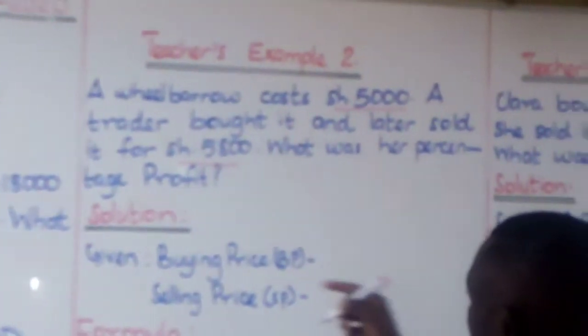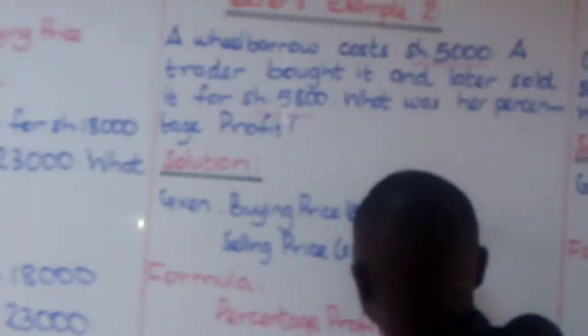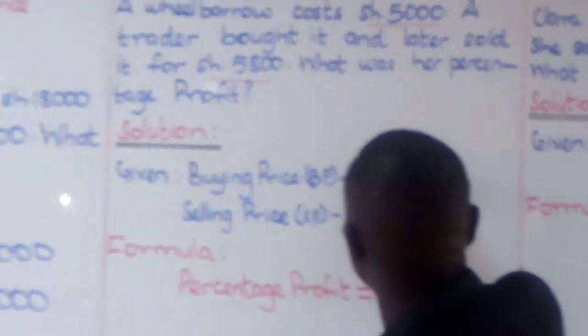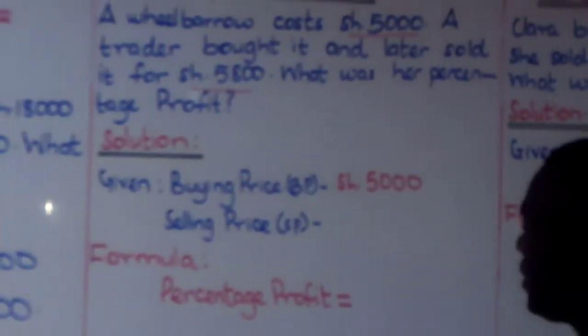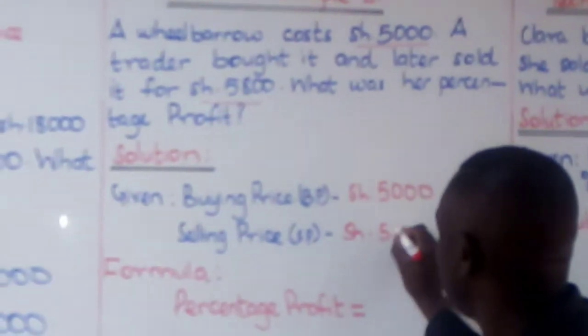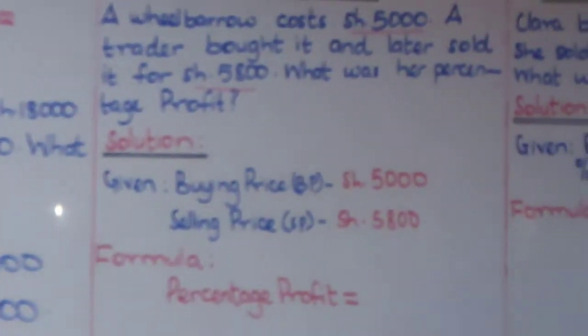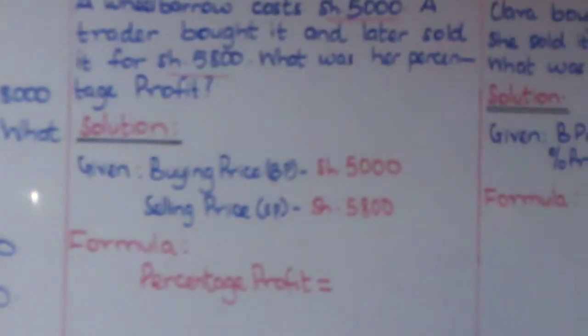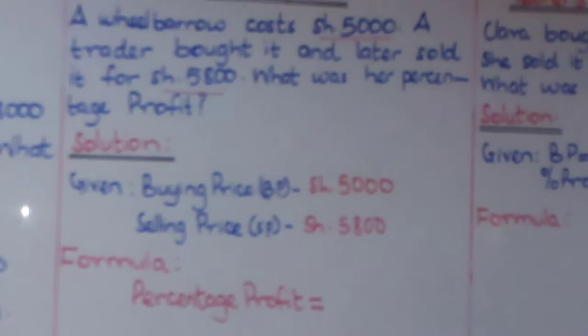And so the buying price here is 5,000 shillings. The selling price is 5,800 shillings. What was her percentage profit?